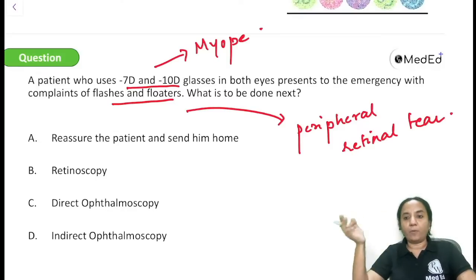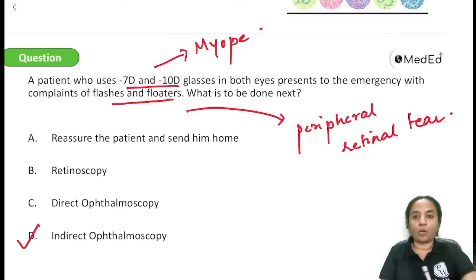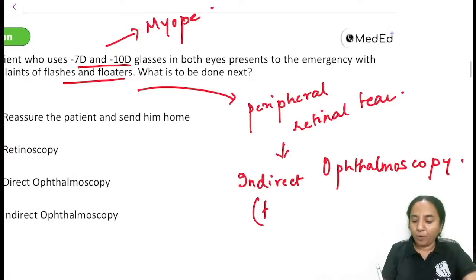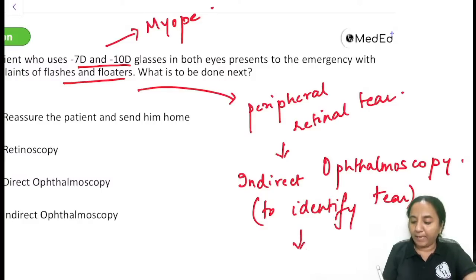The instrument for evaluating the peripheral retina is the indirect ophthalmoscope. So we do an indirect ophthalmoscopy, because you have to identify the tear. And if you are able to find the tear, then you close the tear with laser, that is called laser barrage.